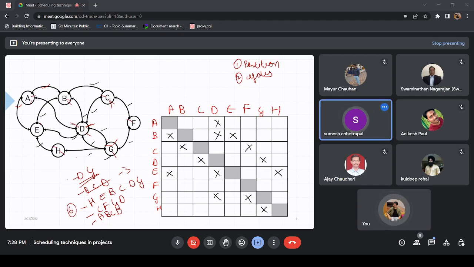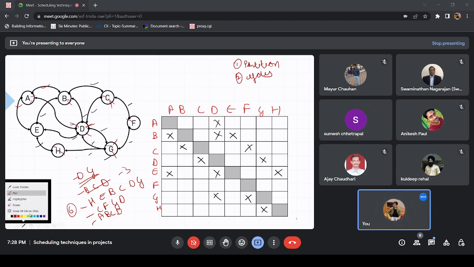Let me just give me a moment. This DG is coming in this cycle also, in this cycle also, right? Yes, sir, in 3 cycles. So if you cut this loop in such a way that these cycles also get some break, it would be good, right?